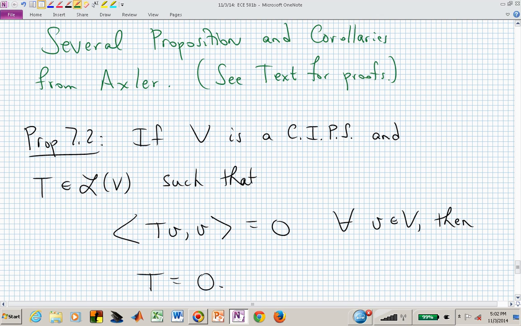In 7.2, we said that V was a complex inner product space. And remember, we can sometimes do more with complex vector spaces than we can with real vector spaces in terms of eigenvalues existing or not. We can have rotations in a real vector space that do not possess eigenvalues as far as maps are concerned. Here, in Proposition 7.2, V was a complex inner product space.